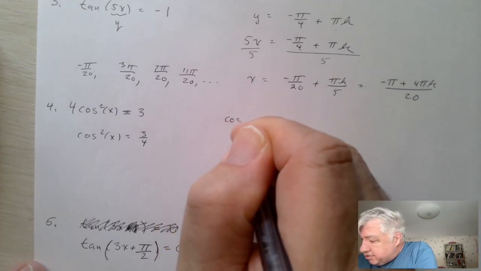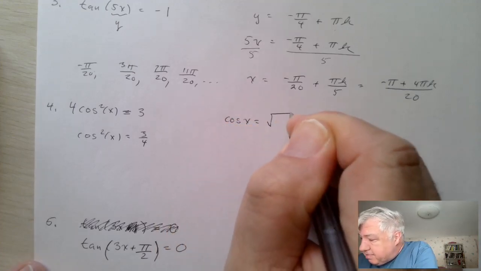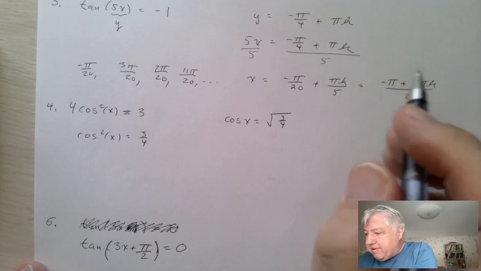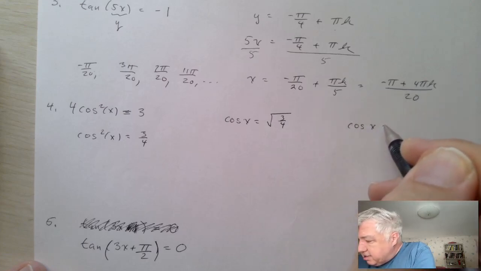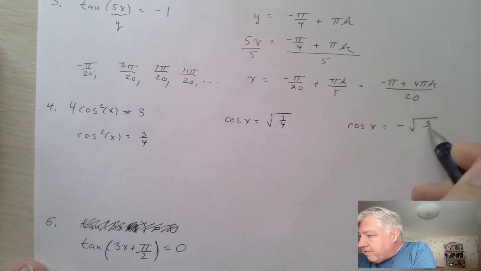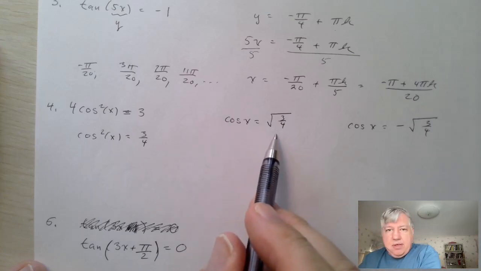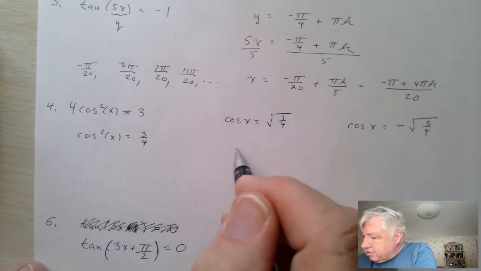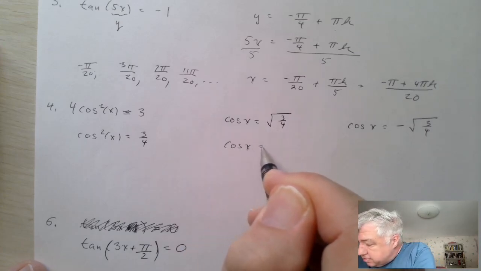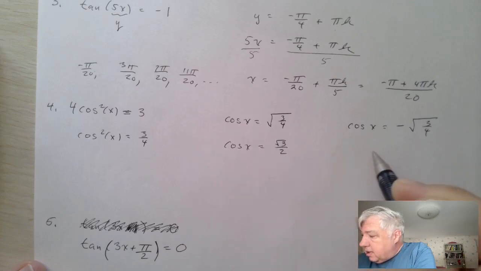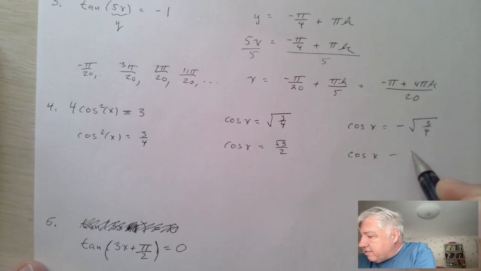So cosine of x is either going to be the positive square root of 3/4, or cosine of x could be the negative square root of 3/4. And this, of course, reduces to square root 3 over 2, and this would be negative square root 3 over 2.